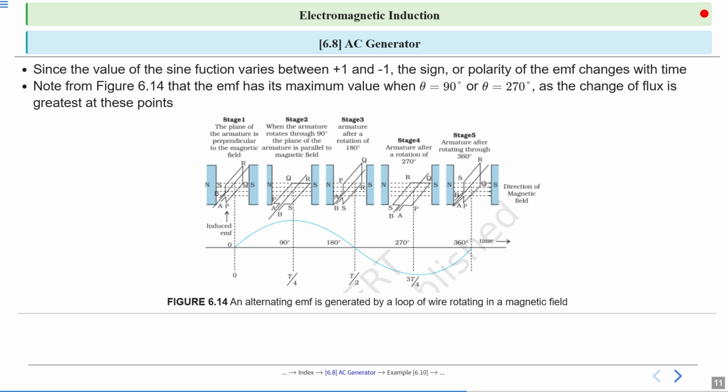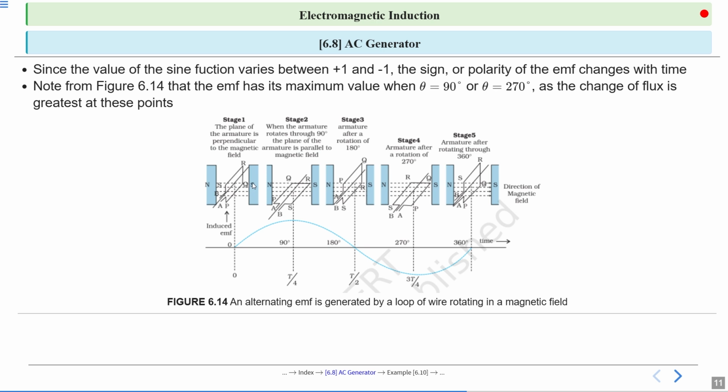This is the complete representation of the mechanism of the AC generator. We have assumed that initially the coil is placed perpendicular to the magnetic field direction. This is the initial case, stage 1. The plane of the armature is perpendicular to the magnetic field, so the area vector will be in the direction of the magnetic field.